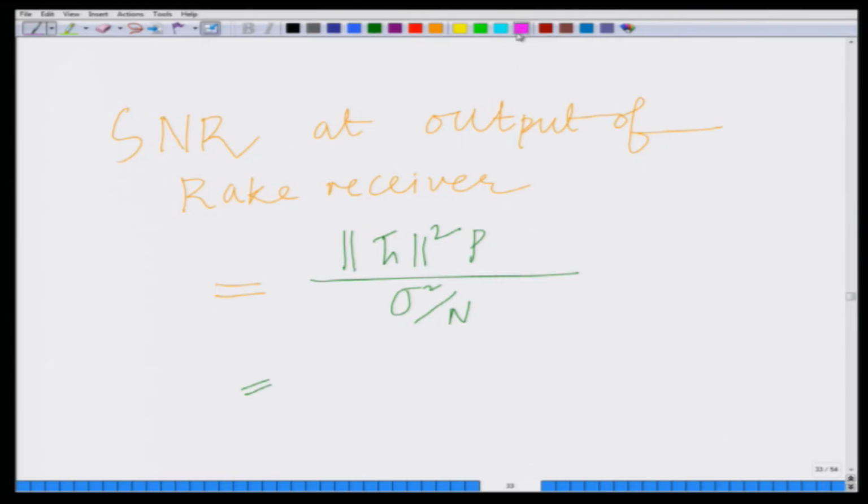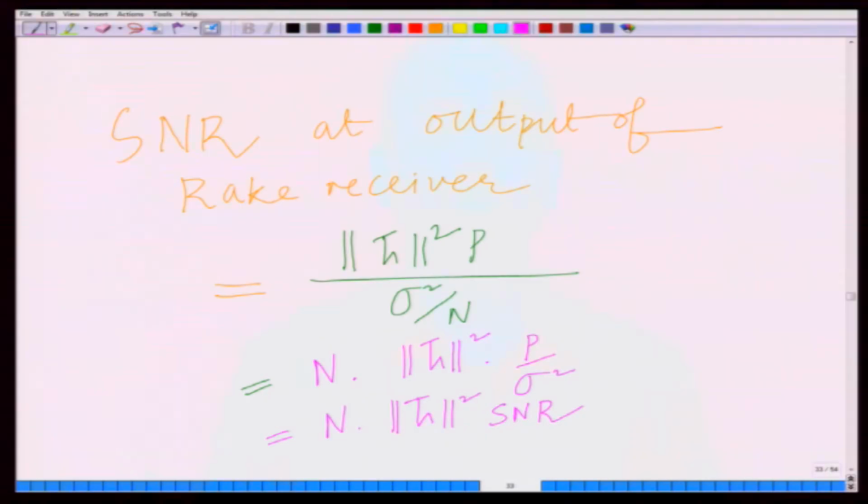So, this is precisely equal to n times norm h bar square times P divided by sigma square, which is equal to n times norm h bar square times the SNR, which is P divided by sigma square.